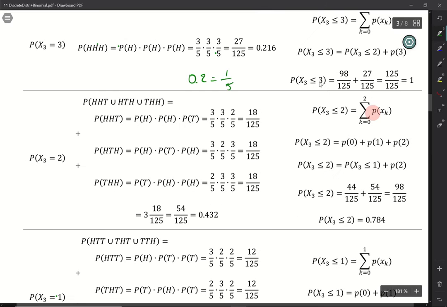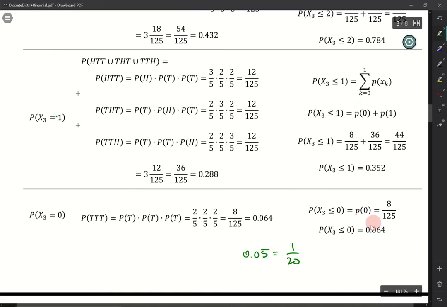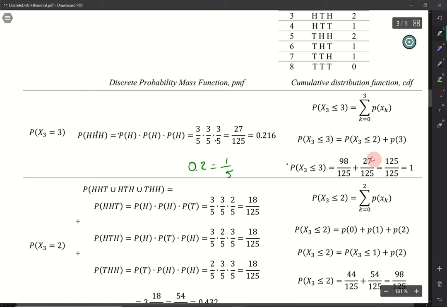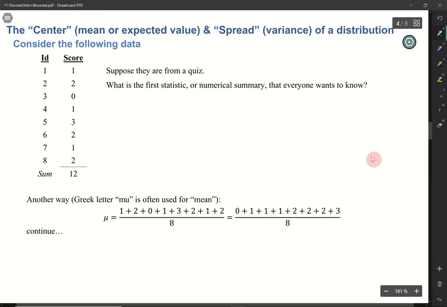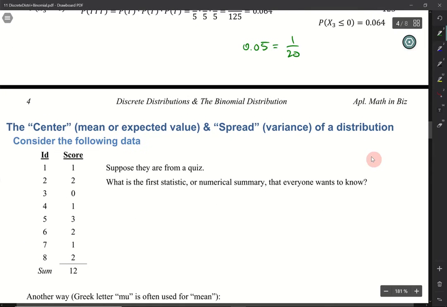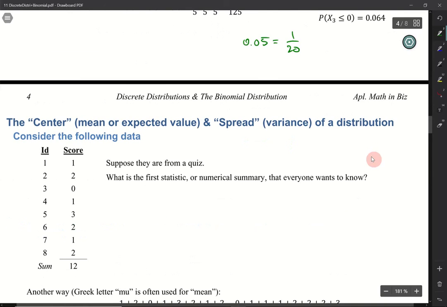And then finally, we bring in the last one, right, 0.98. We bring in this last one, and then we have 1. So they all sum to 1. So you can see how this CDF is building up, building up, building up, right? Okay, does that make sense?